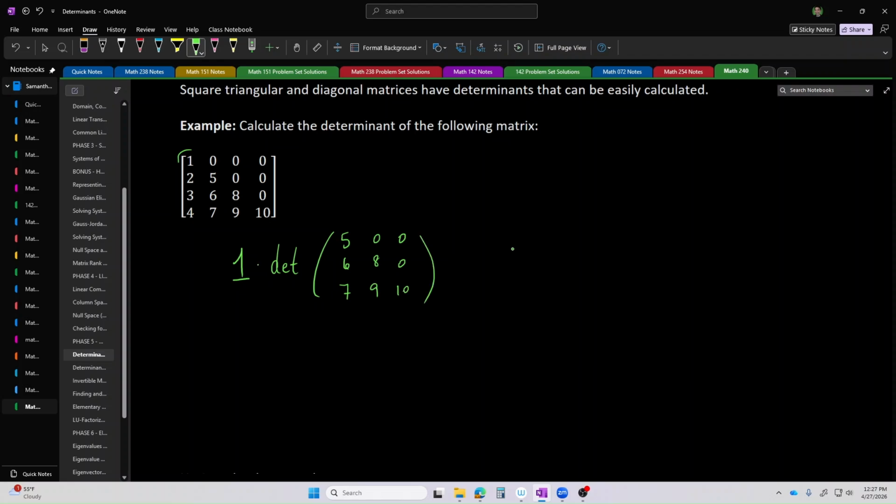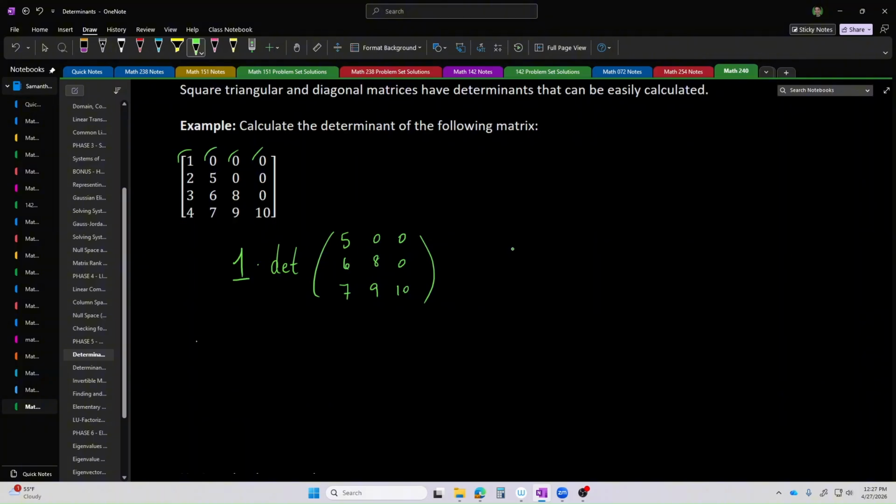Now, in theory, I would write the other 4 terms in this expansion, but notice that the other 4 terms in this expansion would all vanish, right? Because it would be 0 times something, 0 times something, 0 times something. So those are definitely not going to contribute anything to this determinant. So all that matters is what's happening with this first entry.